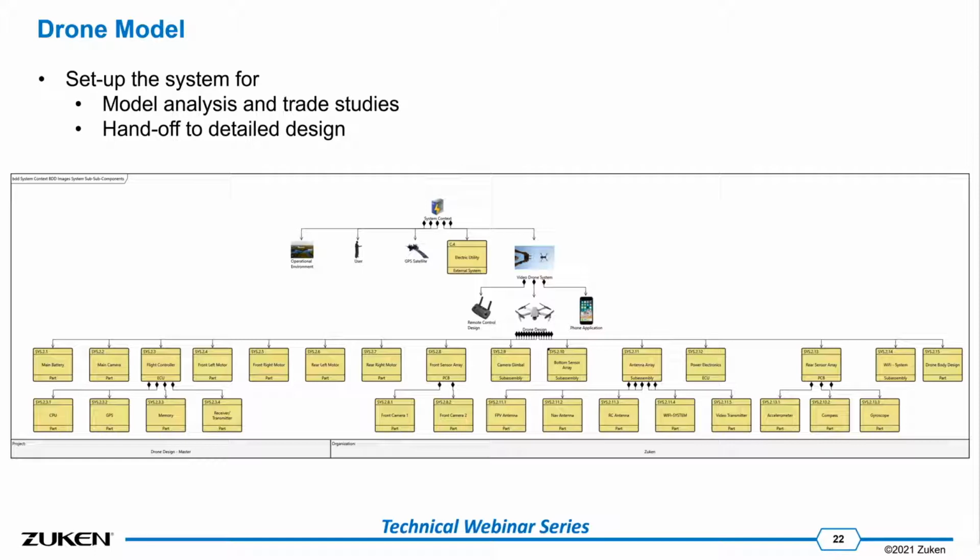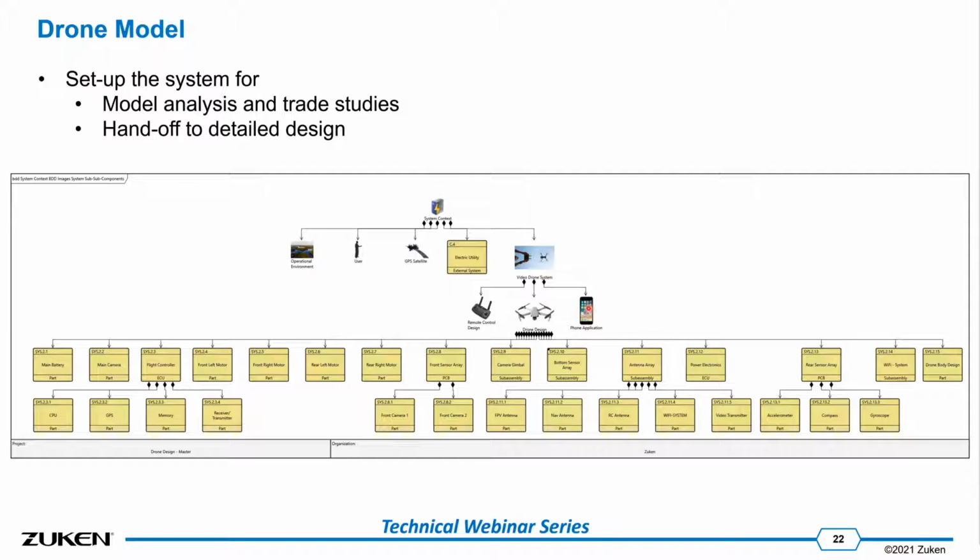This picture, for that matter, encapsulates the system model status. We had the system context in the first webinar. We had some external actors for the system established. And we had the system of interest, which is the drone, which was subdivided into the remote control, the drone design, and the phone application.